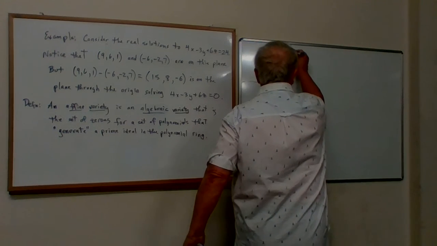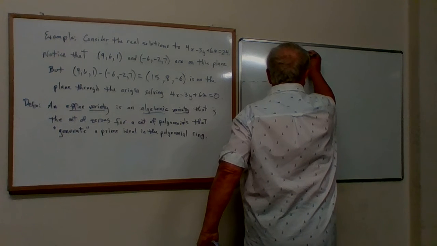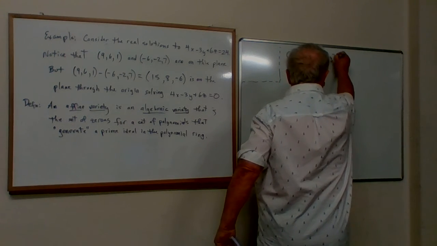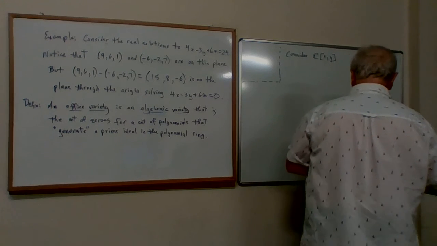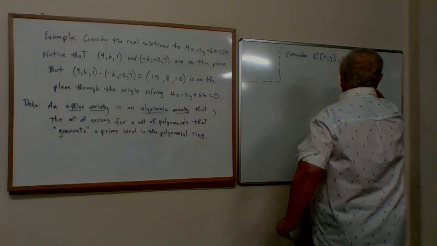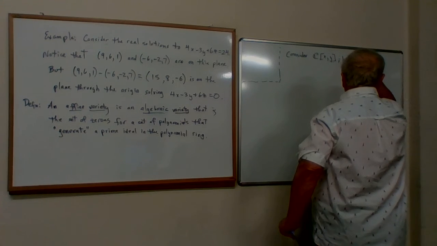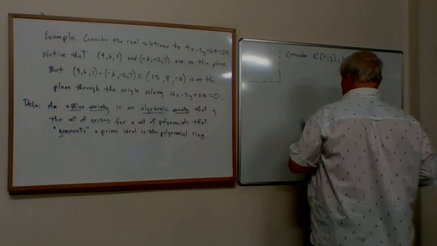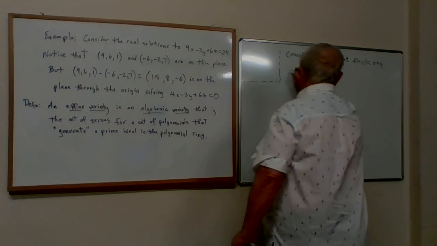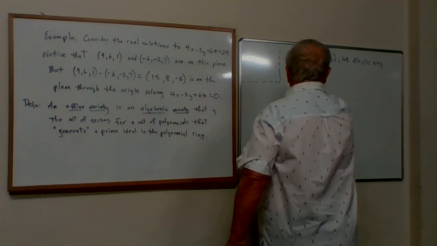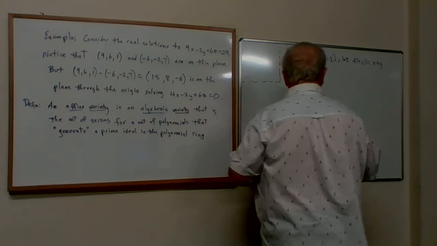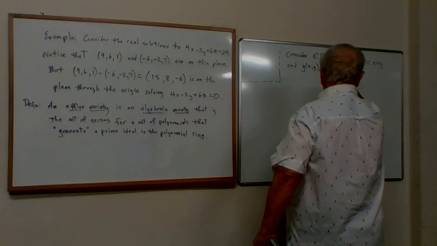So consider the polynomial ring in two variables over the complex numbers, and let f of xy equal, let's see, x plus y, and g of xy equal x squared minus y.